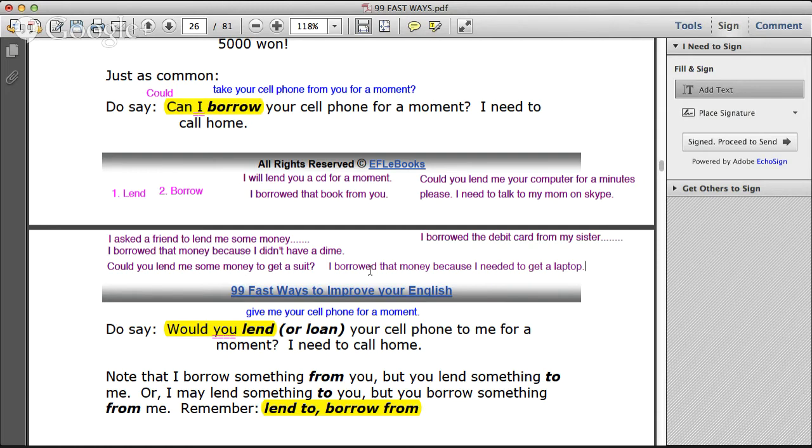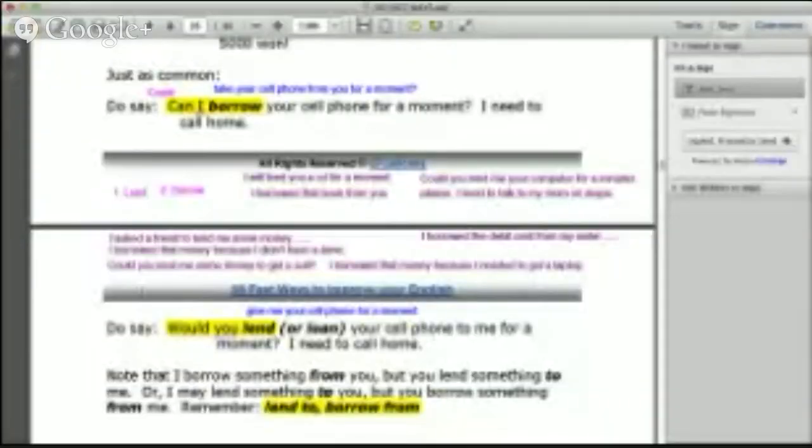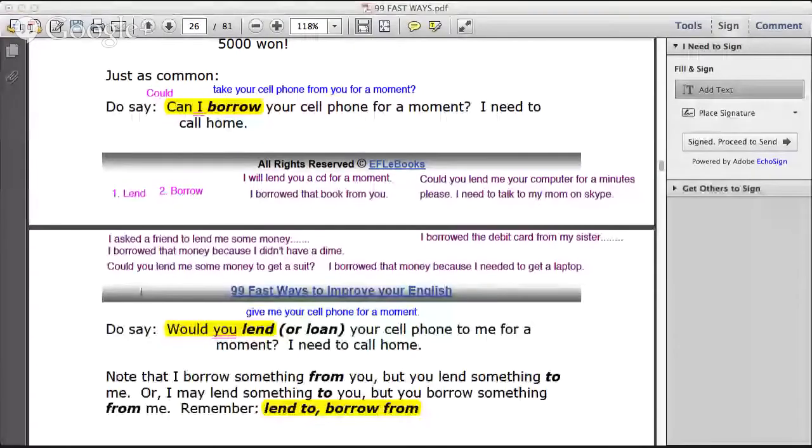This first one was perfect: Could you lend me some money to get a suit? I borrowed that money because I needed a laptop. That means I took the money, but it's for you, right? Okay. Good. All right. So, Oksana, you are the last one.